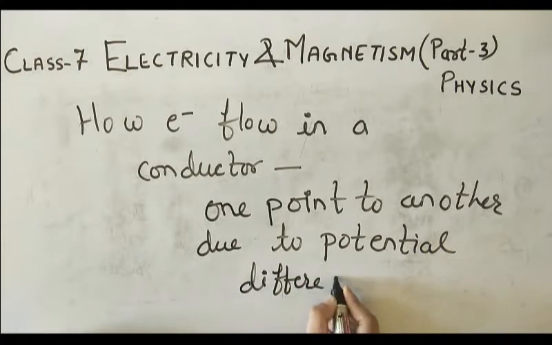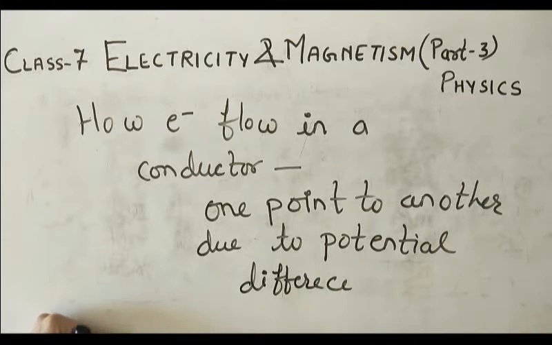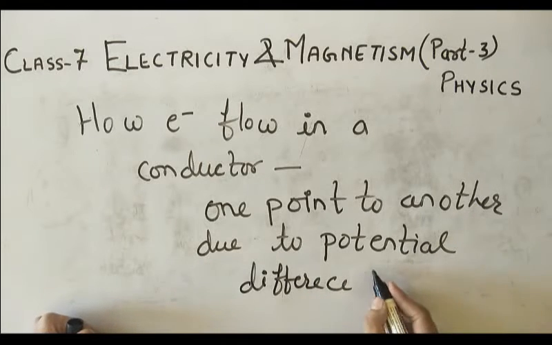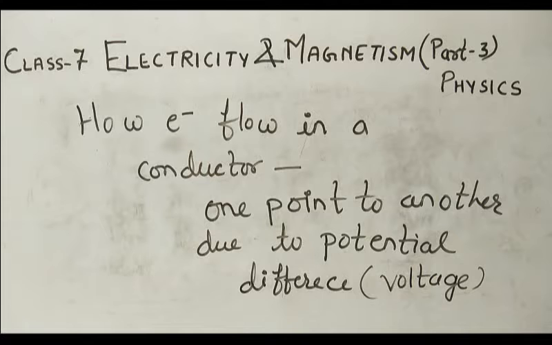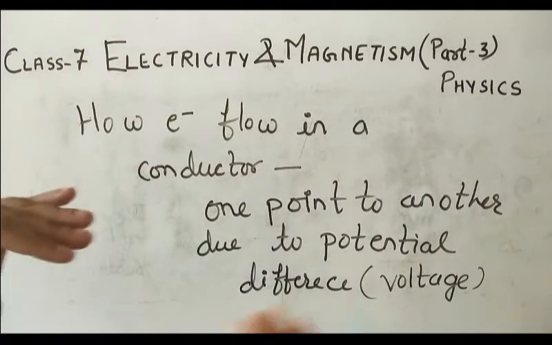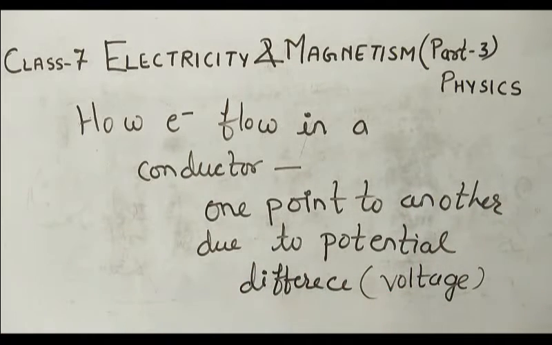This potential difference is also known as voltage. You all know the term voltage. Between the two points, whatever the potential difference is, through it the flow of electrons takes place.